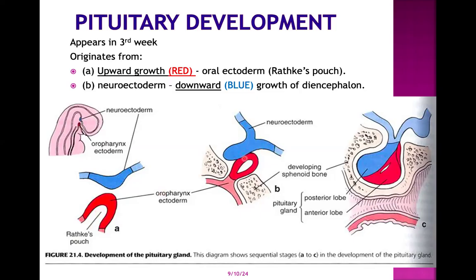So eventually the blue and the red get closely attached. Okay. So this red portion is passing through the foramina created in the bone called the sphenoid bone. So eventually, once they are attached and become good friends, they embrace each other and decide to stay together in one room known as the pituitary fossa.